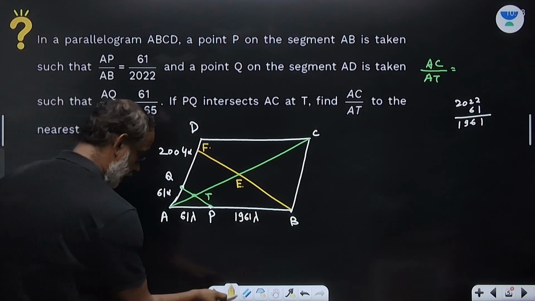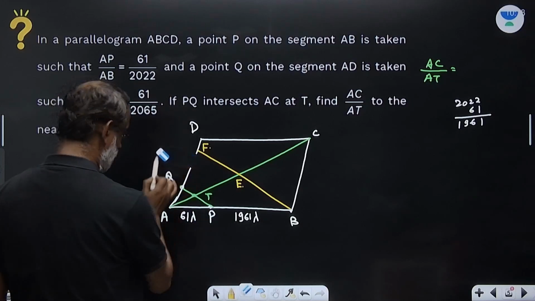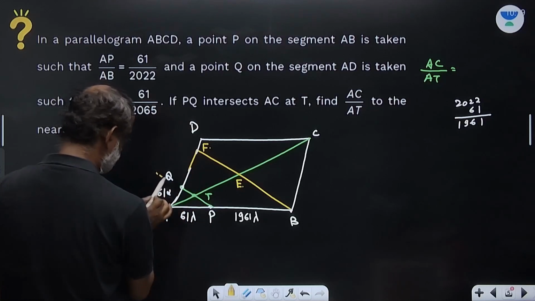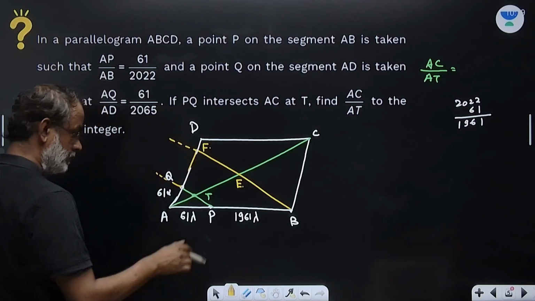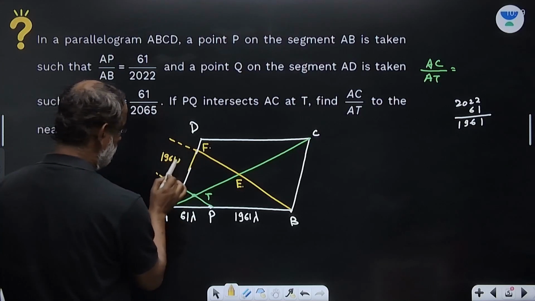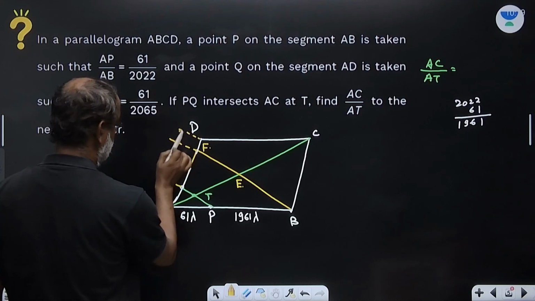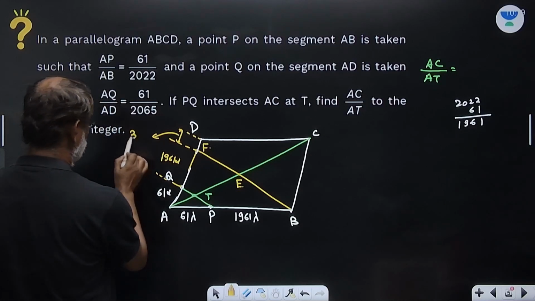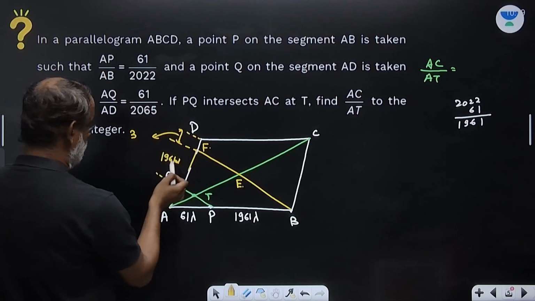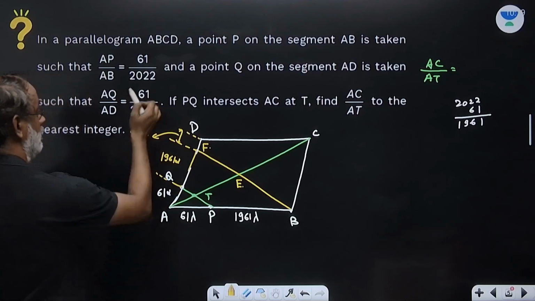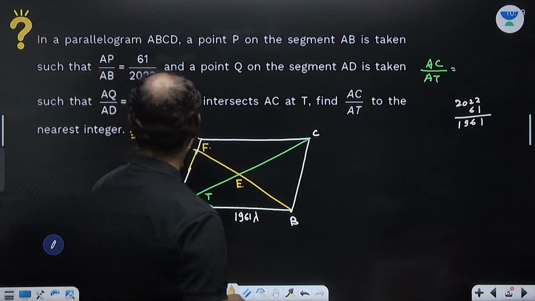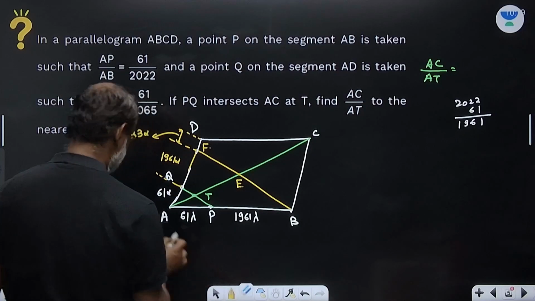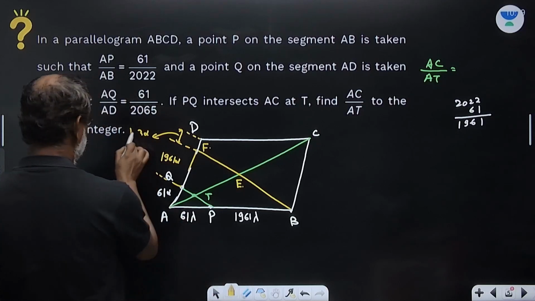So that see, I think you are able to gauge this fact that what this will yield is that this much part by the basic proportionality theorem is 1961 alpha, and this much part whatever is remaining 2004, 33 alpha, 2022 plus 33, 2043, 43 alpha.